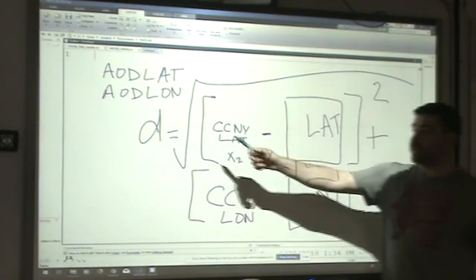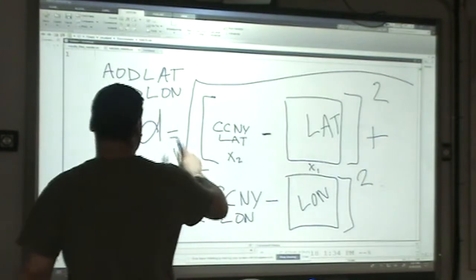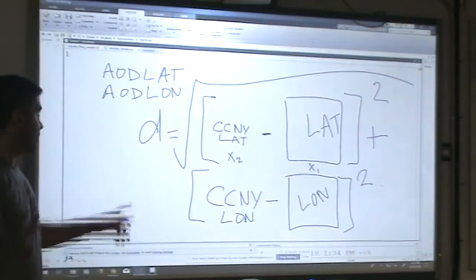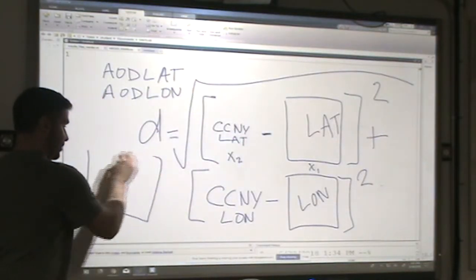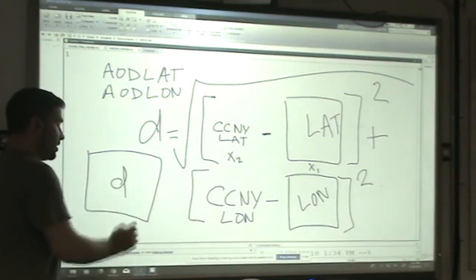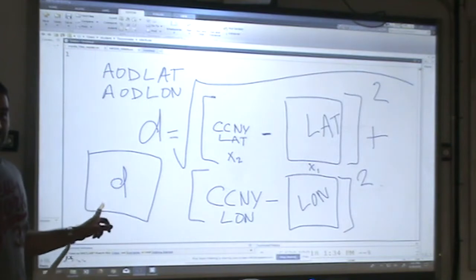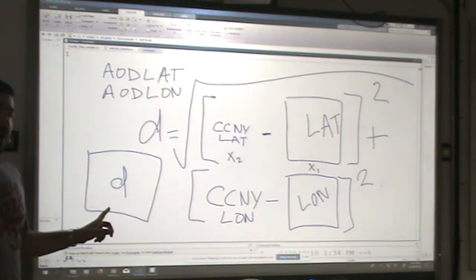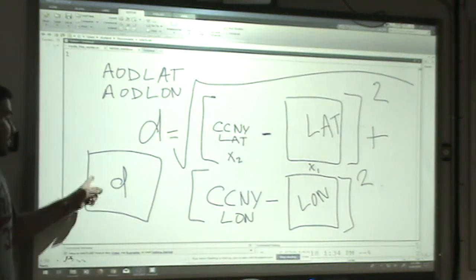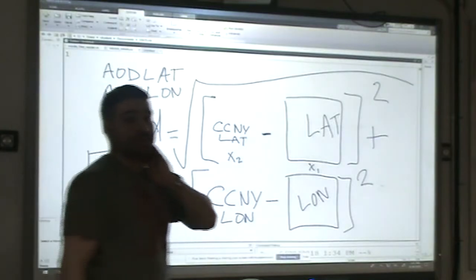So now your distance, after you do the square root and that whole thing, will just be a matrix. Matrix D. And inside that matrix are all my distance values with respect to CCNY. And I would just want to find the minimum value of that whole matrix.